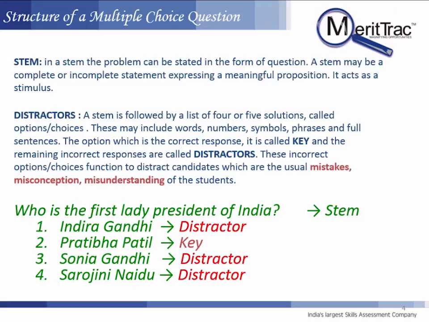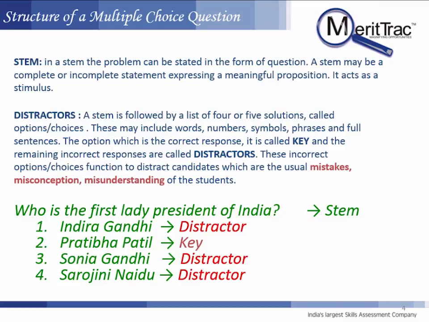So if we change these distractors, the rigor or the difficulty level of this particular item would go down or go up. Instead of Indira Gandhi, Sonia Gandhi and Sarojini Naidu, if we put some male names, maybe Jawaharlal Nehru, maybe Mohandas Karamchand Gandhi, or maybe Netaji Subhash Chandra Bose.